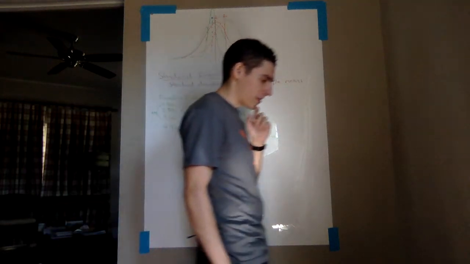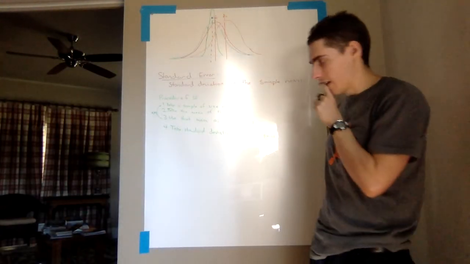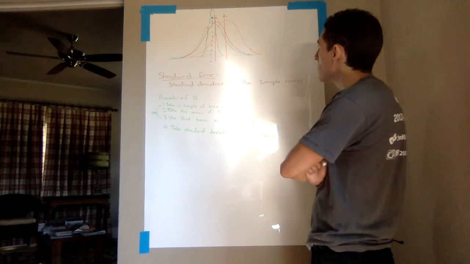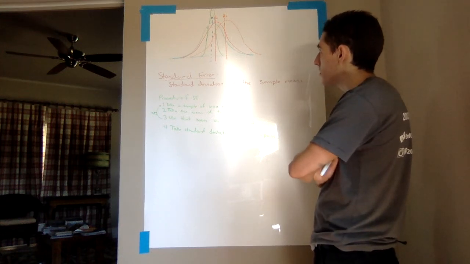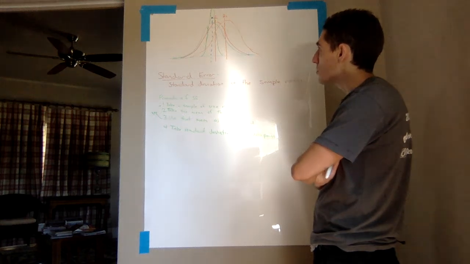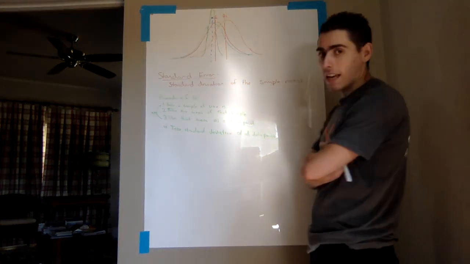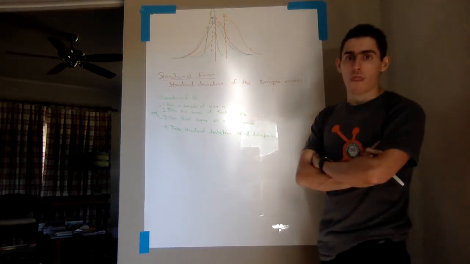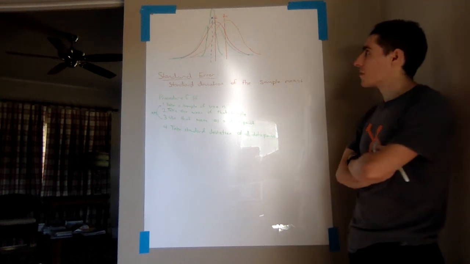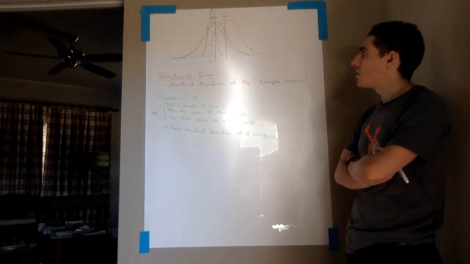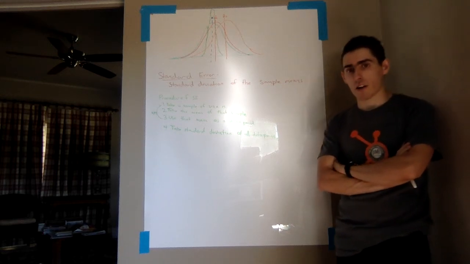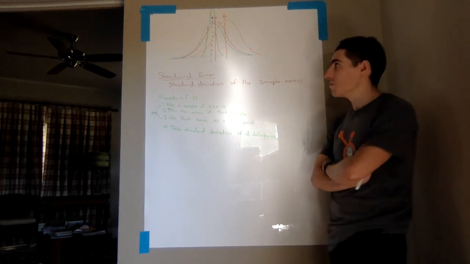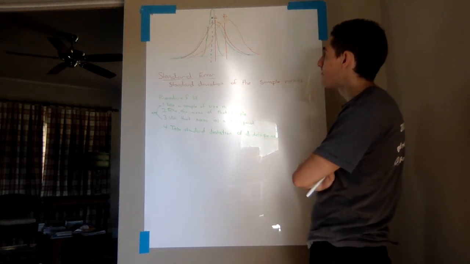It's going to be a little bit tricky with mu1, because given the way we're going to define standard error, our estimator for standard error is going to use mu1.